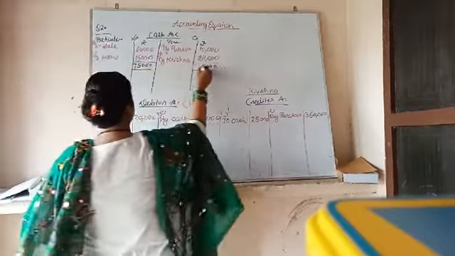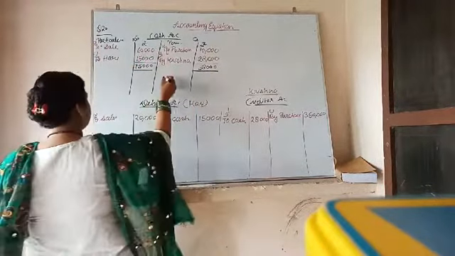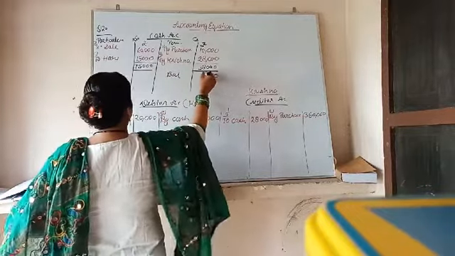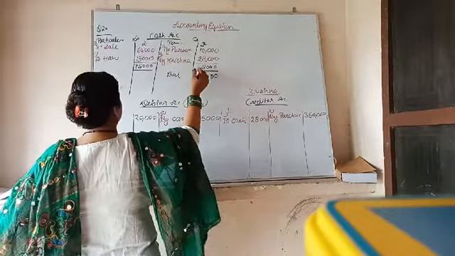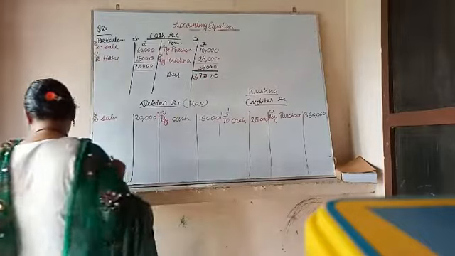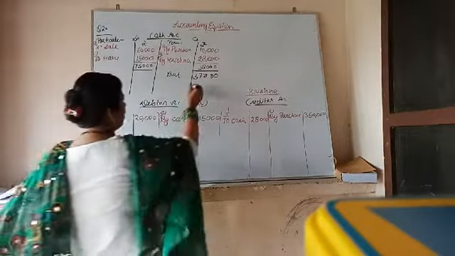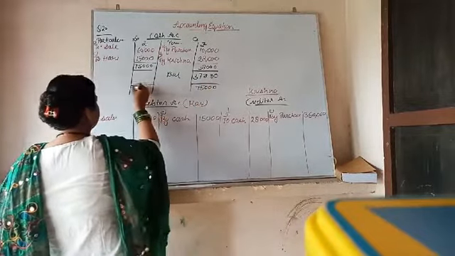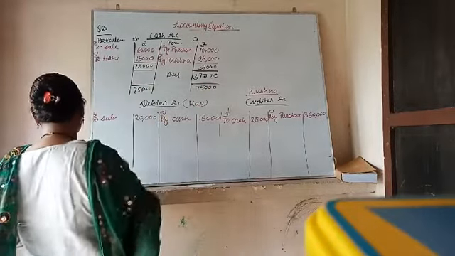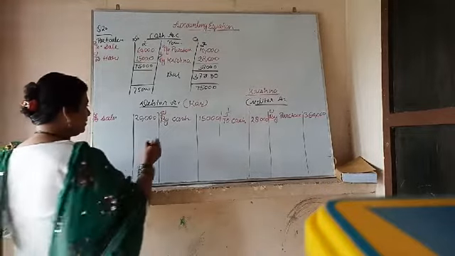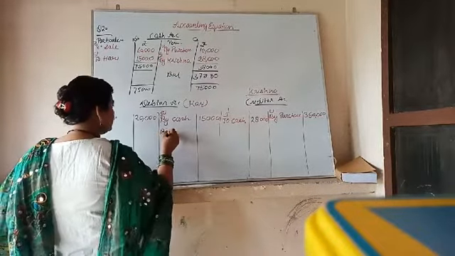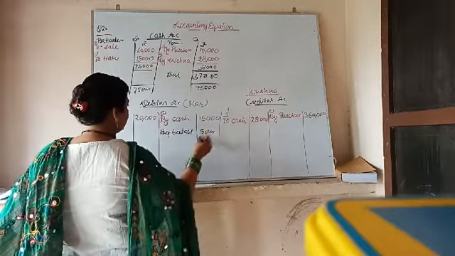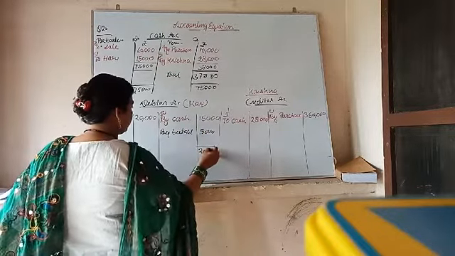If we deduct 38,000 from 75,000, the balance will be 37,000.